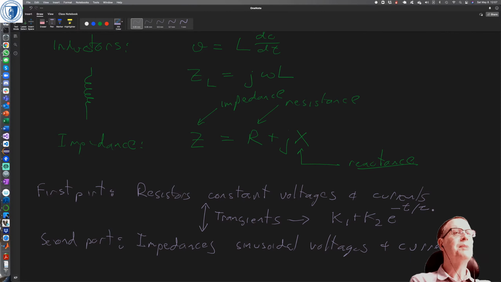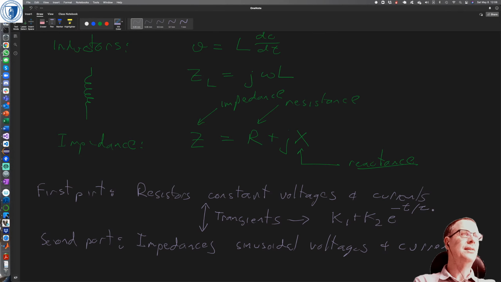The only hard bit about figuring out tau is figuring out what the equivalent resistance is in the final condition, because you may have to do a Thevenin resistance calculation if there's more than one resistor there.